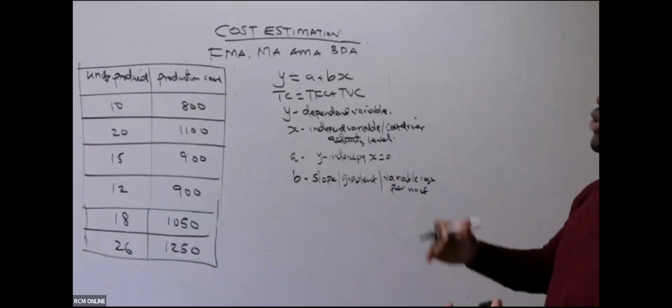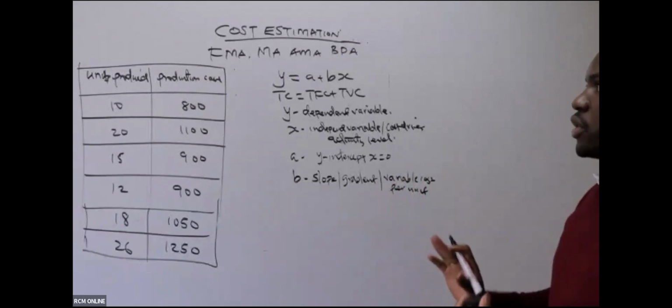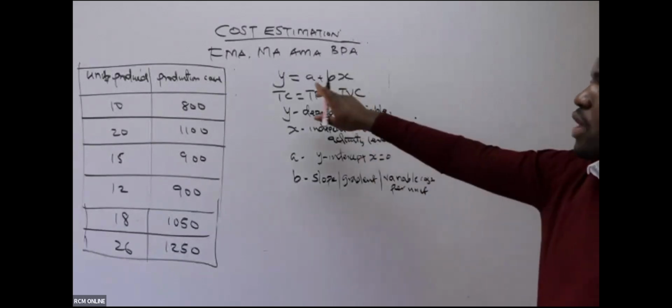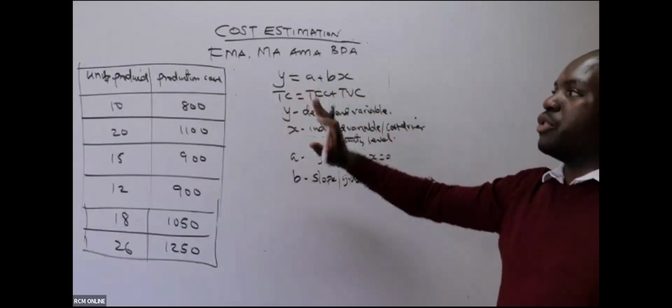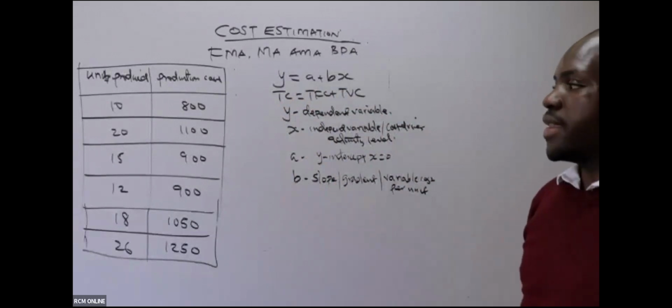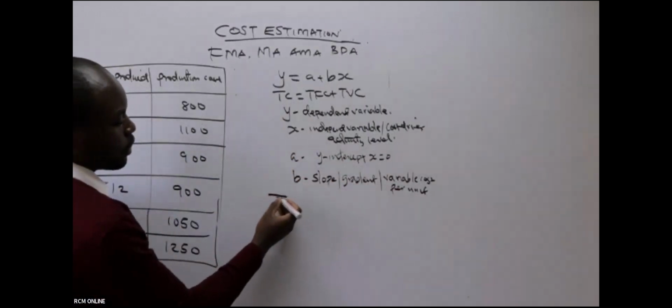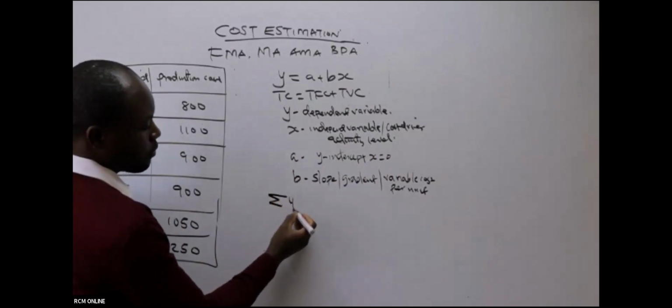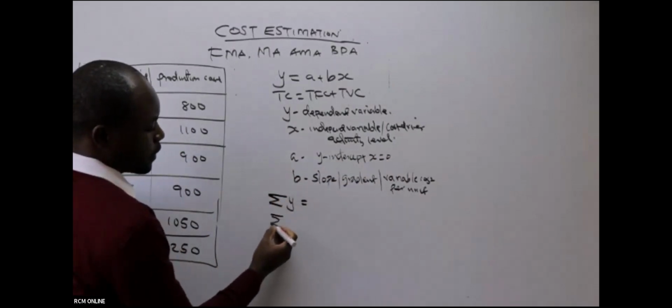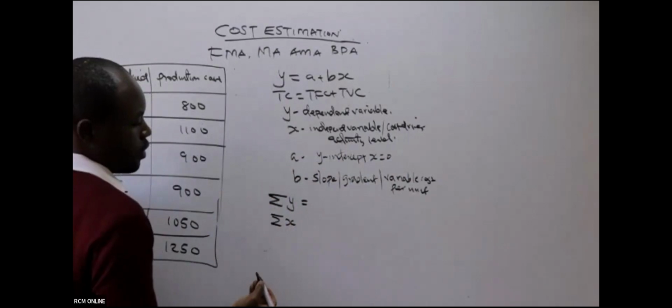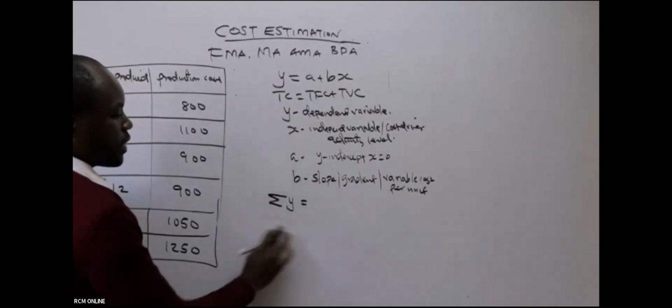Good. So you want to do regression analysis. When you want to do regression analysis, for us to arrive at this cost function, which will be used to estimate future cost, then we must have these figures in place. We must have summation of y and summation of x. Or alternatively, let's have the functions in place.